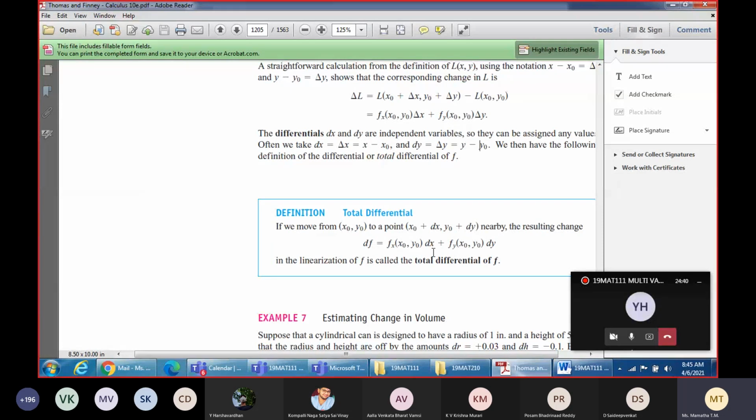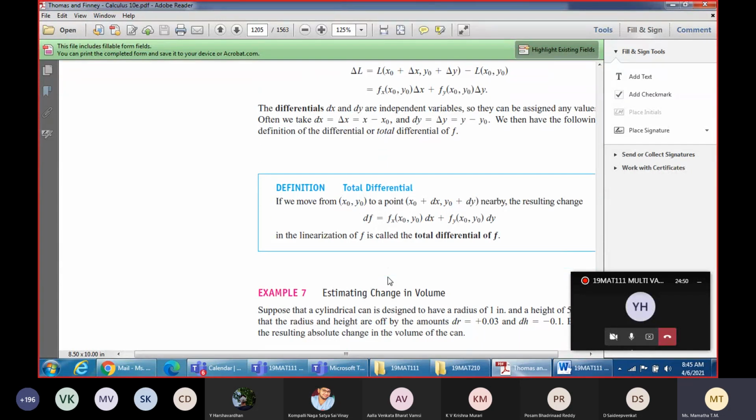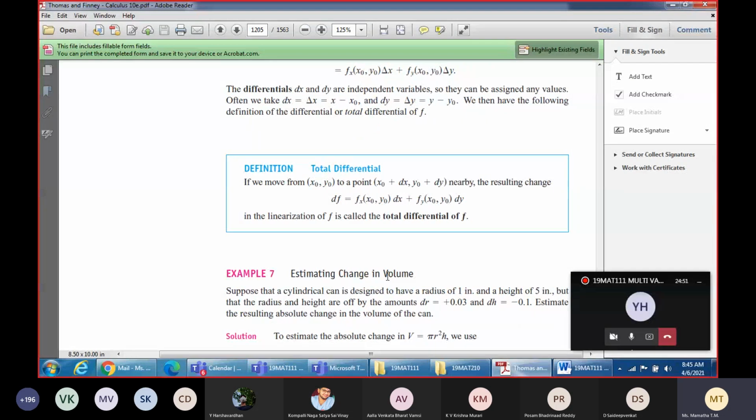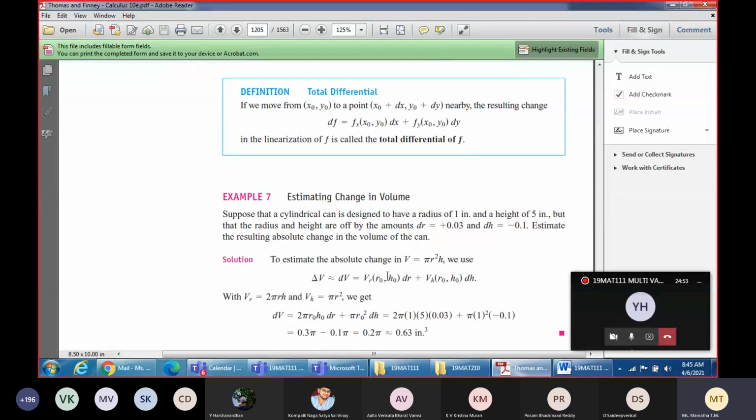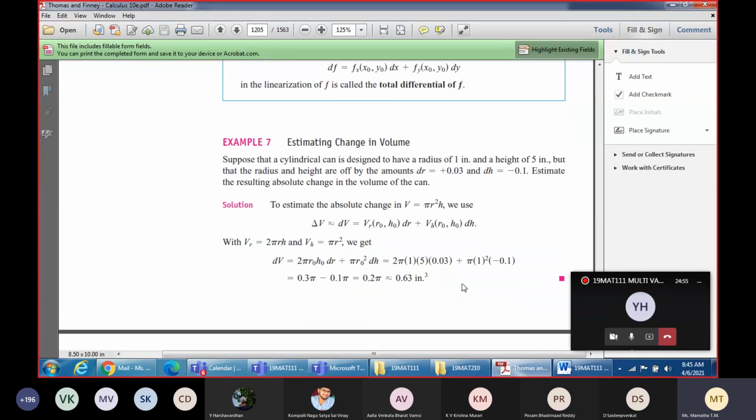Okay. Is it clear? Total differential. We'll just discuss one example so that you'll be more clear about it. Say you are given a cylindrical surface where the radius of the cylinder is given to be 1 and height is given to be 5.